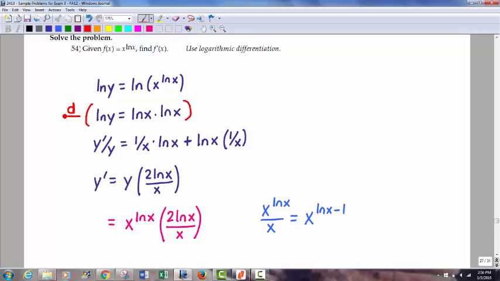All right, so d dx. I said in the last problem the derivative of ln of y will always be y prime over y. And on the right side, we have to do a product rule, which is going to have the same two terms, because the derivative of ln of x will be 1 over x times ln of x, plus ln of x times the derivative of the other ln of x, which will be 1 over x.